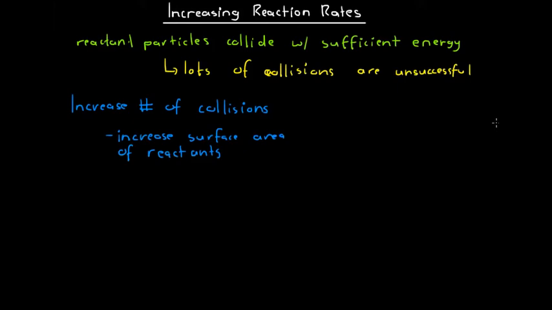Another way for us to increase the number of collisions is to increase the concentration, or the pressure, if we're talking about a gas, of our reactant. So again, this increases the number of collisions, but how?